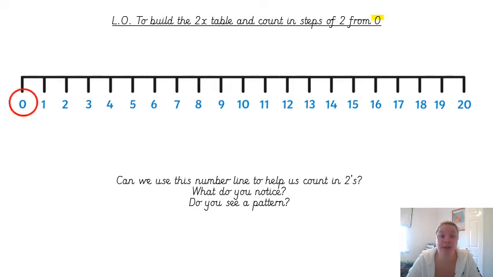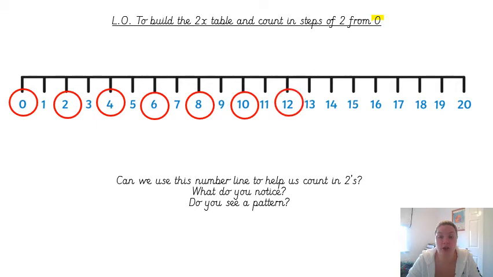So 0, 2, 4, 6, 8, 10, 12, 14, 16, 18, 20. So we've counted in twos.